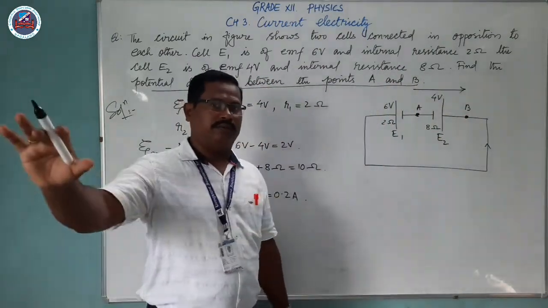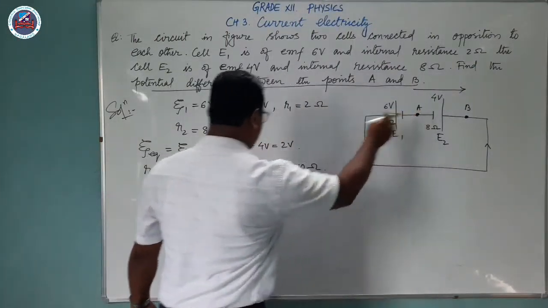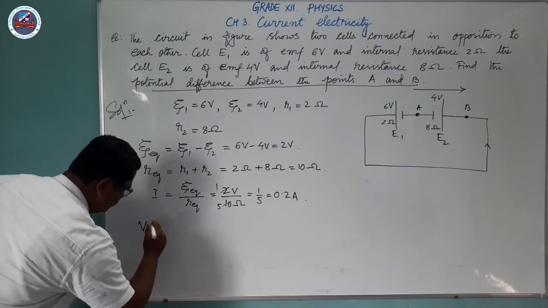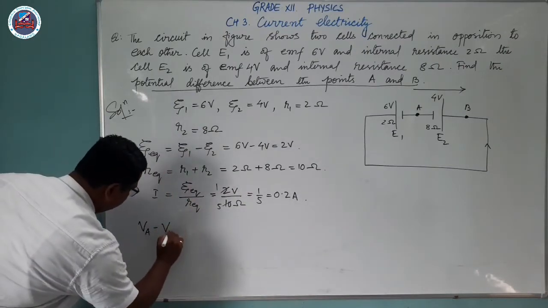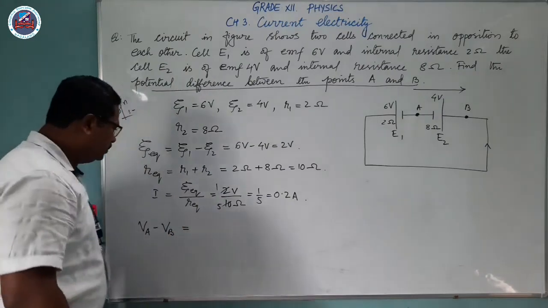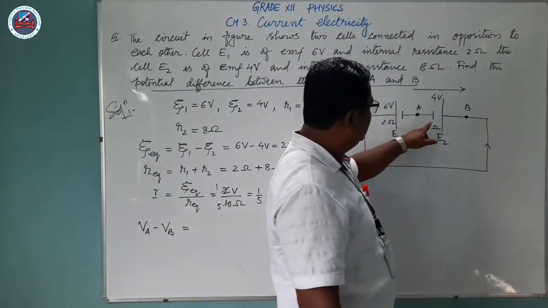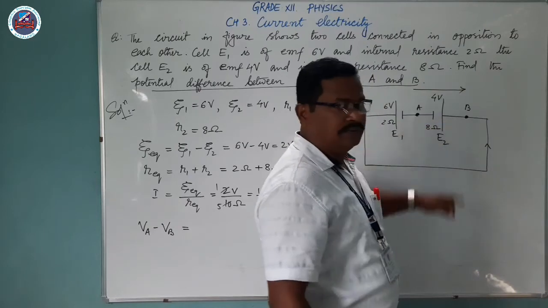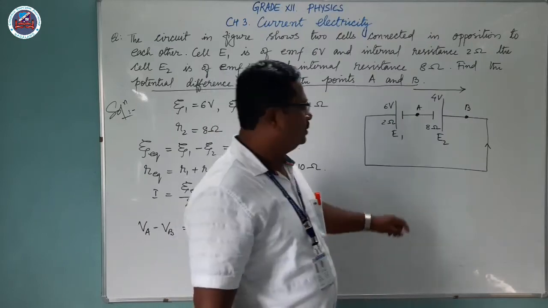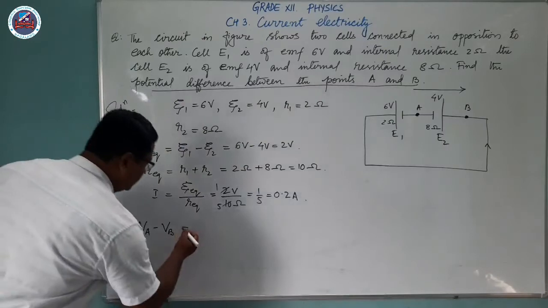So just choose it from left to right, and then you start from A. Potential at A, VA minus, we are going from left to right, VA to VB, that VA minus VB is equal to the potential first of the cell. Let us see, it is going from negative to positive. When you go from positive to negative in a cell, we are taking it as positive. So if it is going from negative to positive, we will take it as negative.